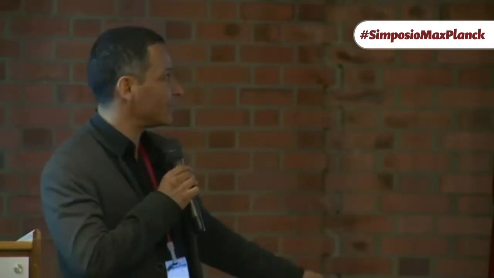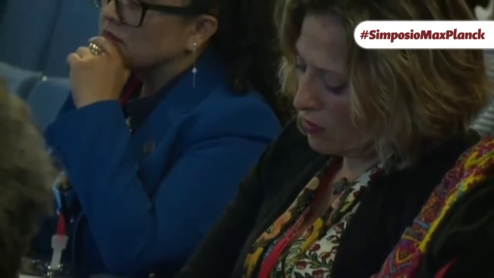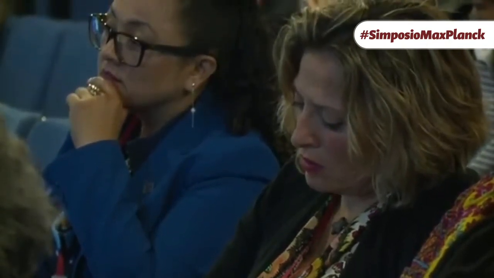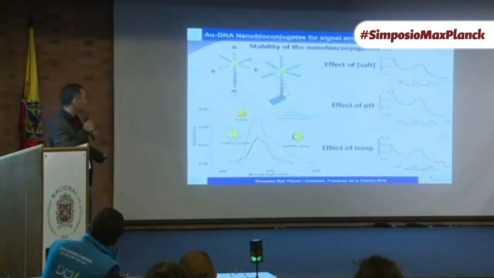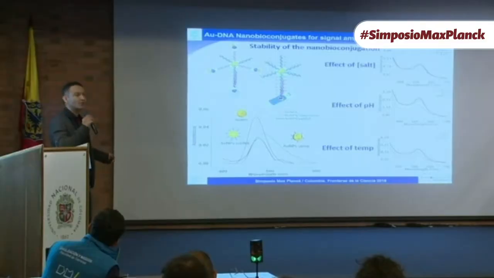So for this purpose, in the same project, we developed a nano-bioconjugate. It's based on gold nanoparticles decorated with the signal probe and also a spacer probe that has biotin. So we will have multiple binding points through biotin to bind with this streptavidin HRP complex, so we will dramatically amplify the signal in this way.